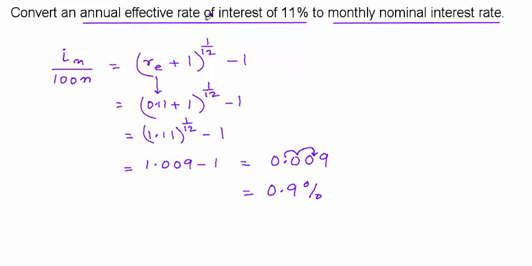So the annual effective rate of interest of 11% turns out to be a monthly nominal rate of interest of 0.9%. If you're asked to find the yearly nominal rate of interest, you would multiply this answer by 12, which will give you 10.8%, which is less than 11%. That's what you would expect, right? The effective rate will be more than the annual nominal rate of interest. Hope that helps.